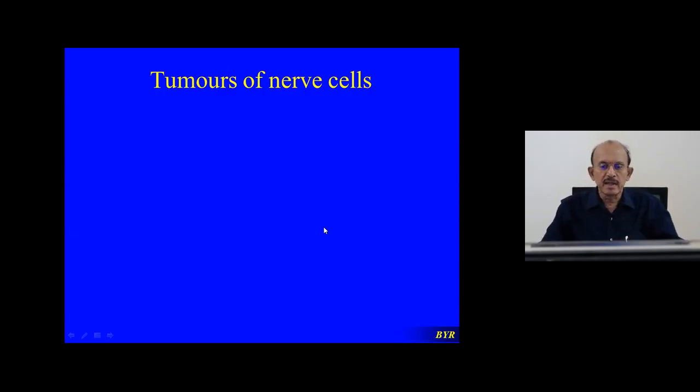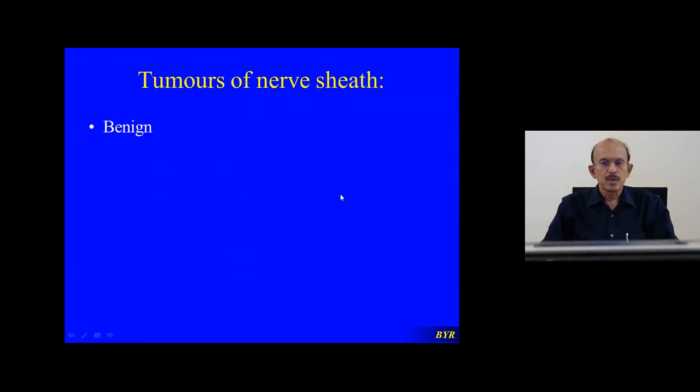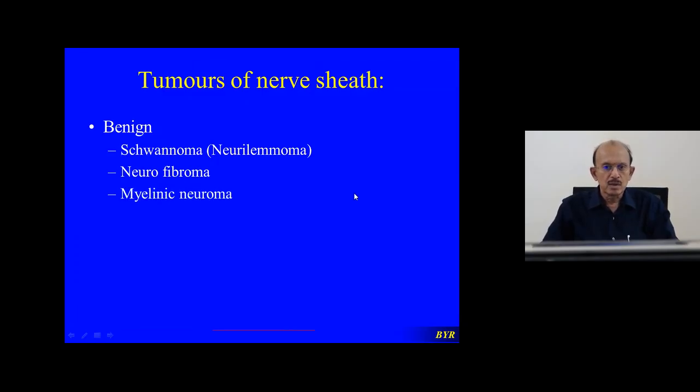So the tumors can arise from the nerve cell or from the nerve sheath. Tumors from nerve cells: ganglioneuroma, pheochromocytoma. Tumors of nerve sheath, benign: schwannoma, also called neurilemoma, then neurofibroma, myelinic neuroma.